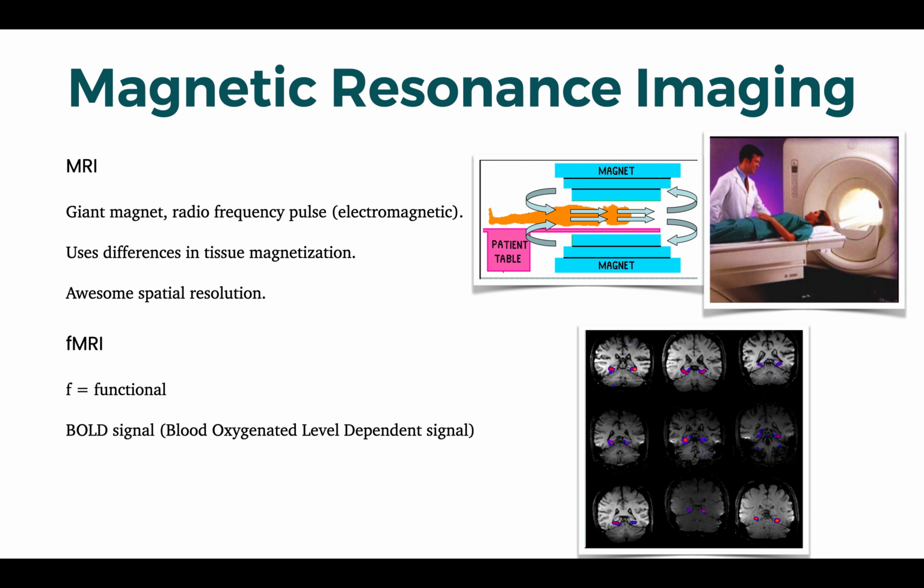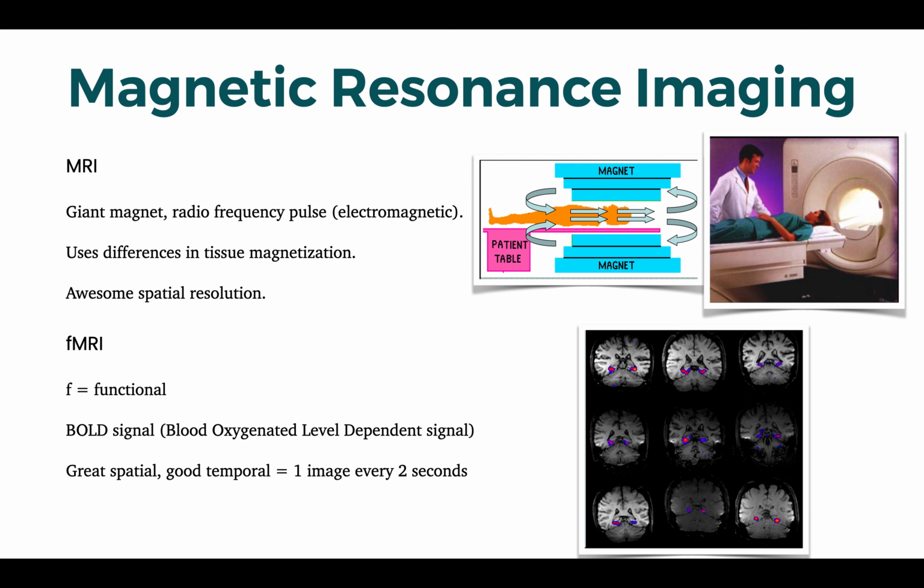So deoxygenated blood is a signal that there's a lot of neural activity going on there. Essentially, this is what fMRI is doing. It's using the spatial resolution awesomeness of the MRI approach and adding in this extra measure of comparing blood oxygenation levels across brain tissues. That is the additional kick that fMRI brings to the situation.